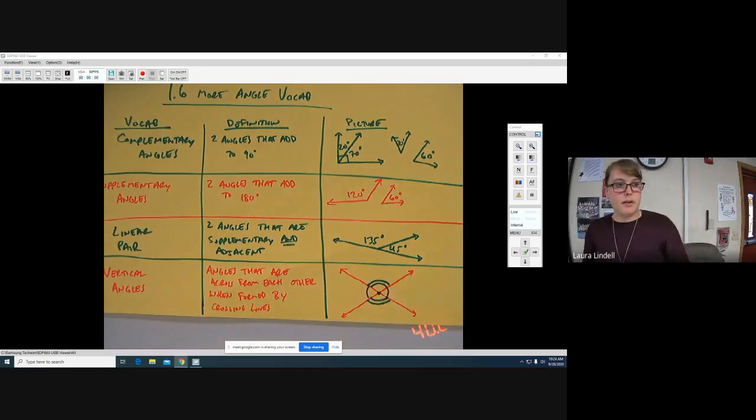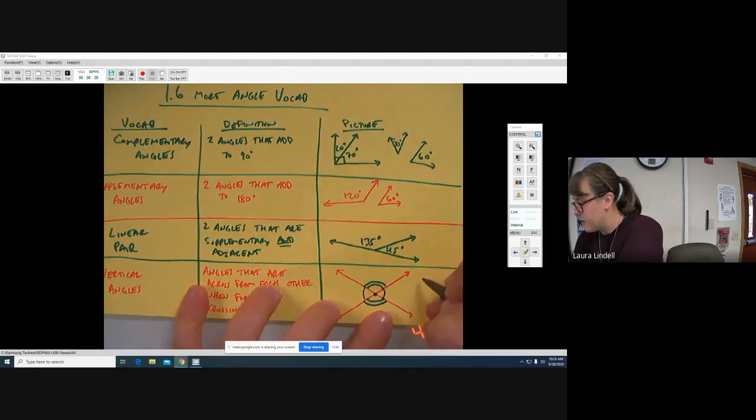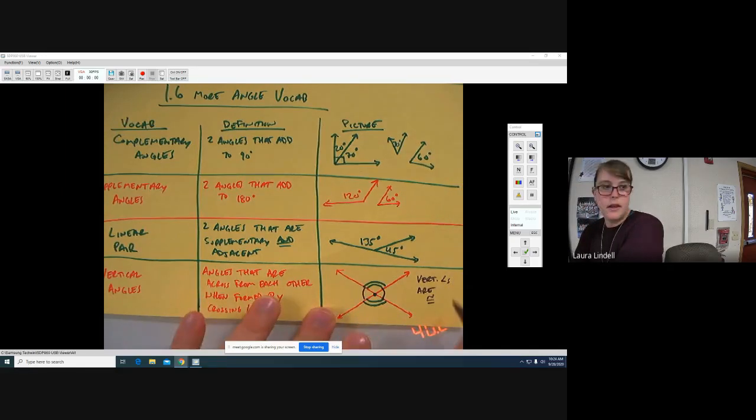And the thing that's important about vertical angles is that they are congruent to each other. Vertical angles are congruent. Remember our congruent symbol here, angle symbol, and then I'm just abbreviating it as vert.